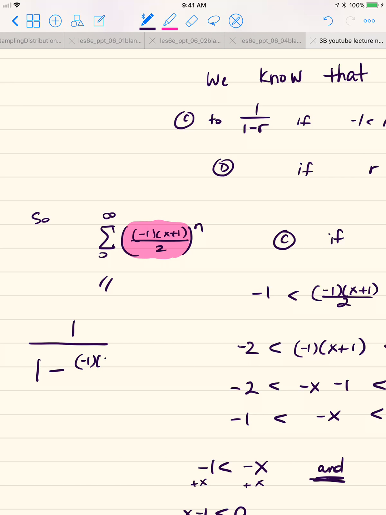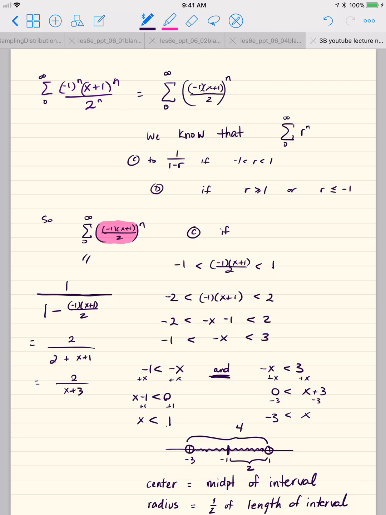So -1 times (x plus 1) over 2, which is equal to, multiply the top and bottom by 2, 2 over 2 plus x plus 1, which would be 2 over x plus 3. So the function 2 over x plus 3 is represented by this power series.